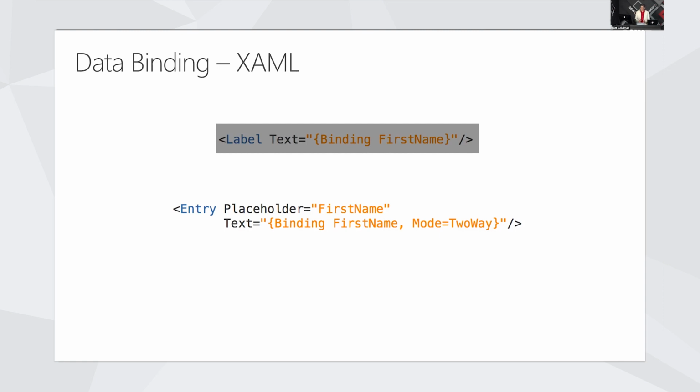So once this binding is in place, the label now knows that there is a property in the binding context, which will be the view model, called first name, that this will be bound to. And provided we specify things correctly, these bindings are compiled and optimized.